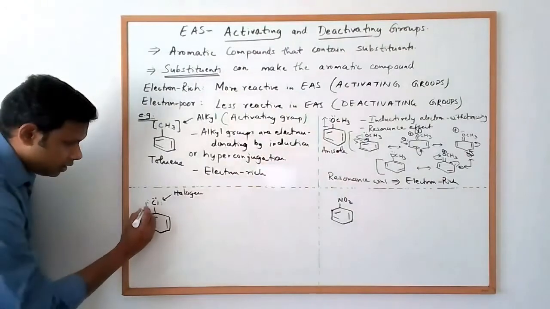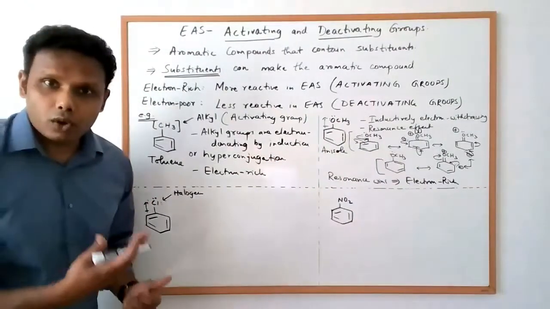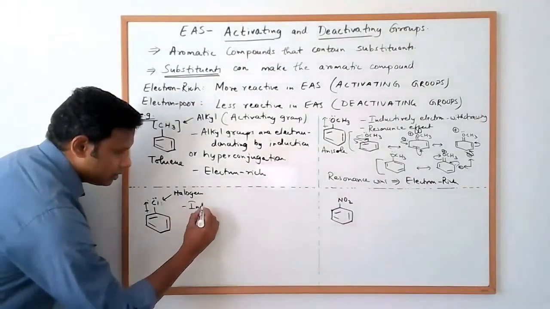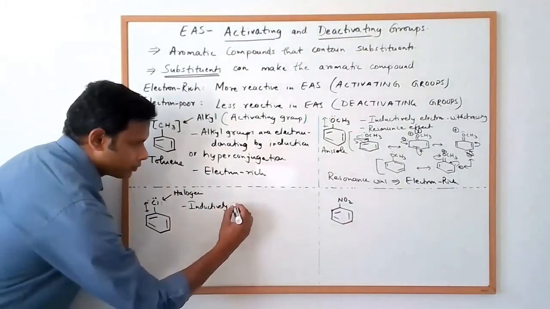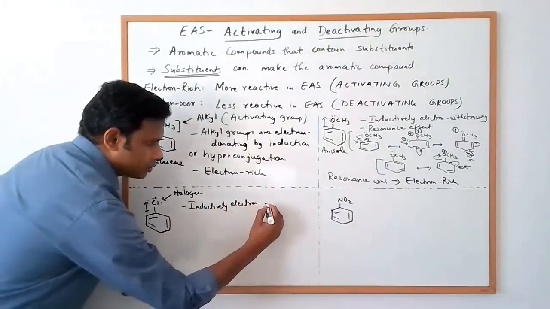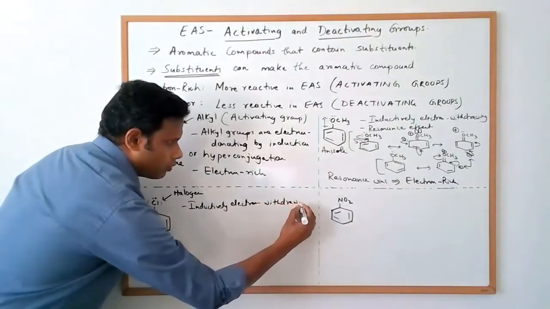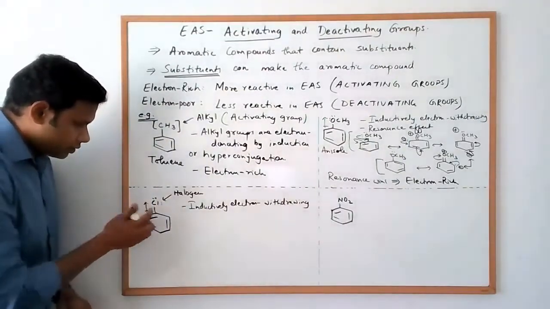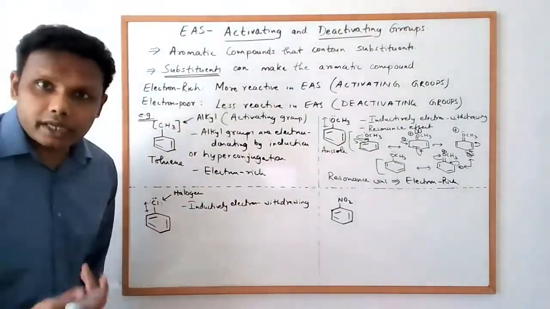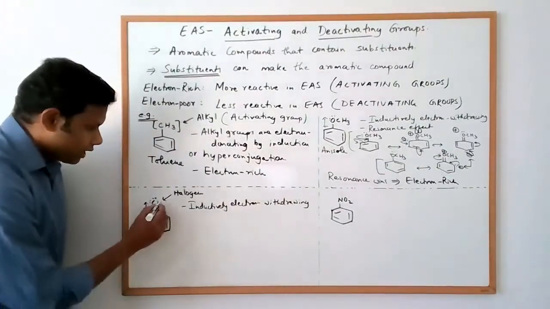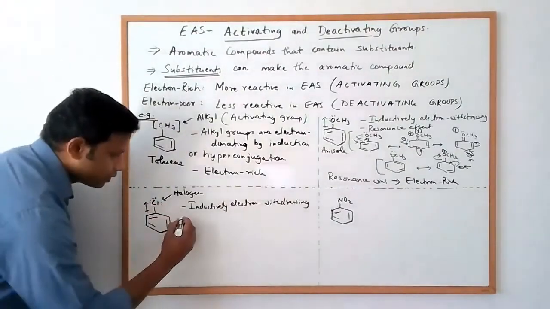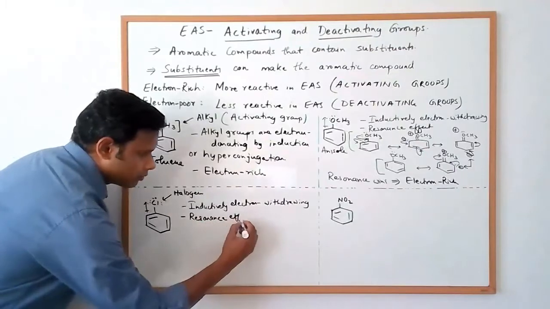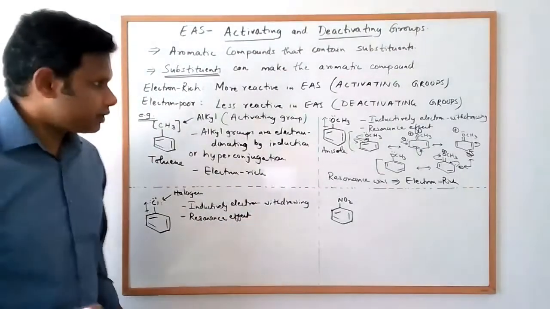And so essentially, inductively, the chlorine or any other halogen should be electron withdrawing. But because the halogen, the chlorine here, or for that matter any other halogen, has lone pairs on it, there is a resonance effect that we can talk about.